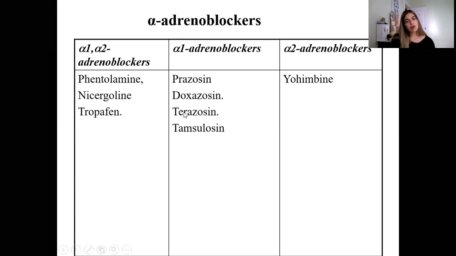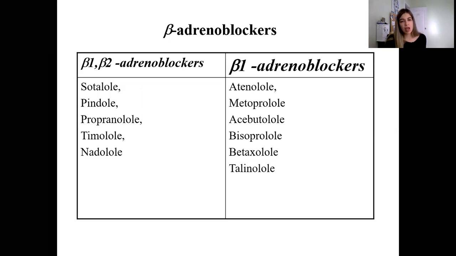Also, we have alpha 1, more selective adrenoblockers: prazosin, doxazosin, terazosin, tamsulosin. They are used in urological practice in adenoma of the prostate gland. We also have alpha 2 adrenoblockers, for example, yohimbine, which is not actually used in today's practice.